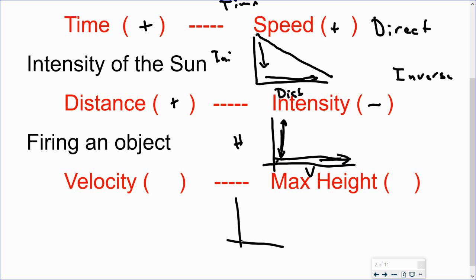Its velocity is 0, its height is 0, but right here is its maximum velocity. So its velocity is going to be up here and it's going to be going down, but its height is going to be going up. So as the velocity goes down, the height goes up. That means this is also an inverse variation.